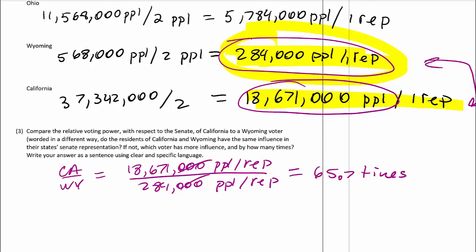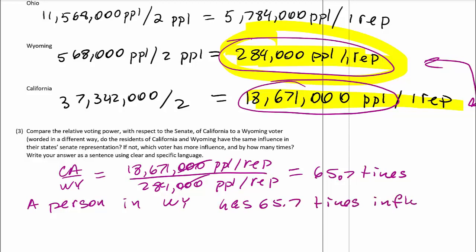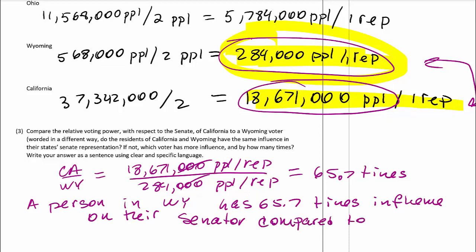So we say that a person in Wyoming has 65.7 times the influence on their senator compared to a person in California.